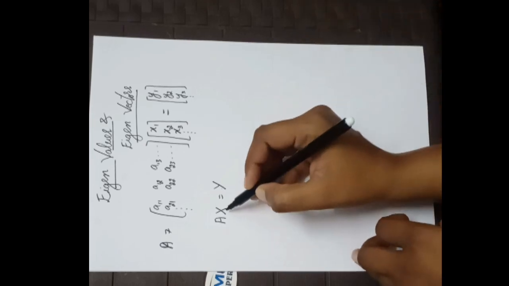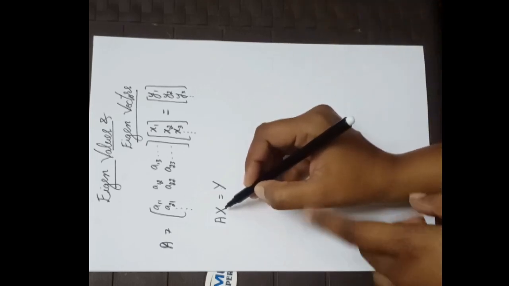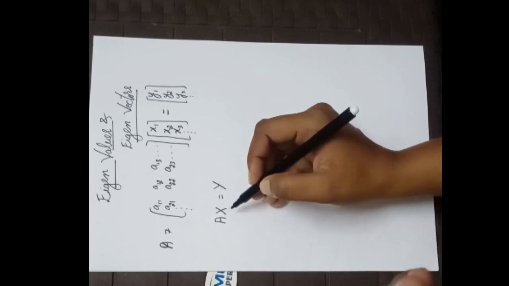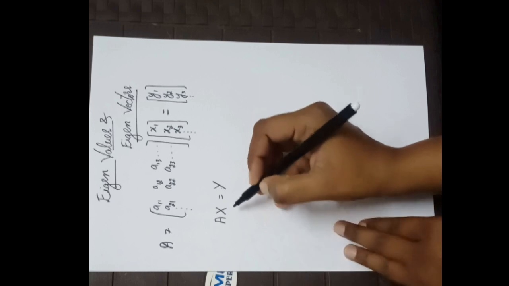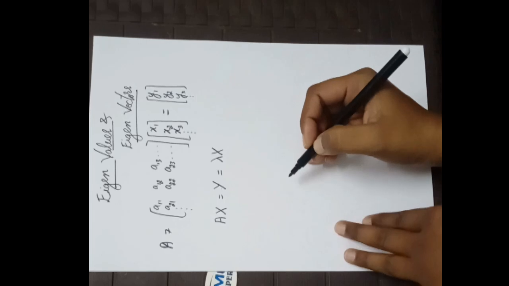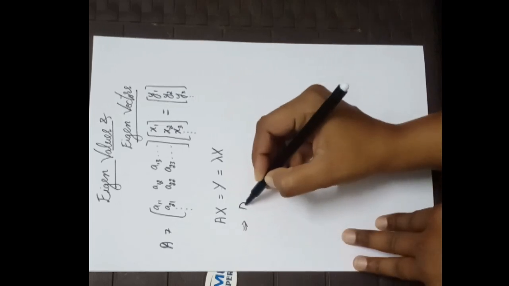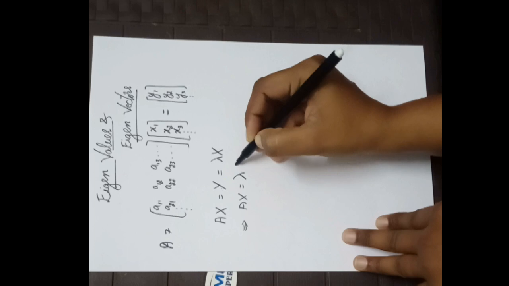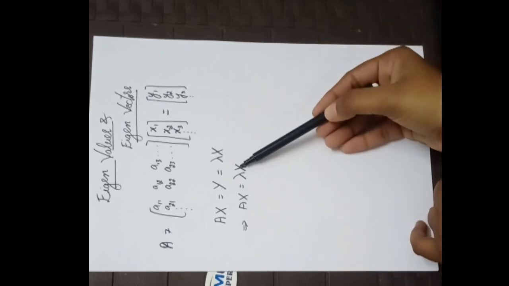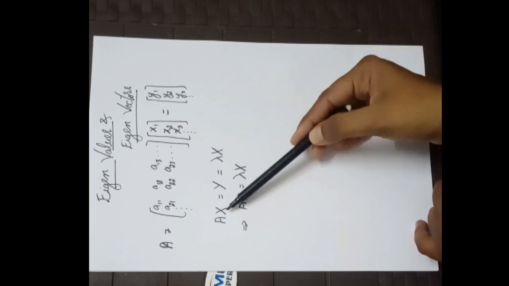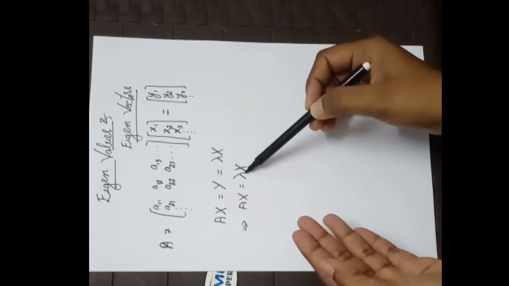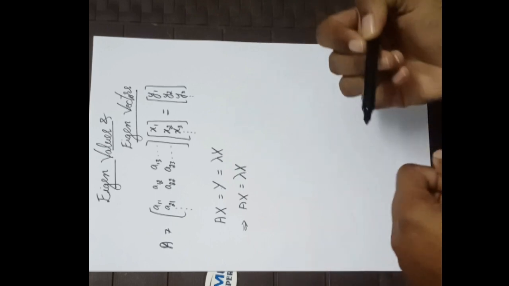Here the column matrix X, we can write as a scalar multiplication of itself, which means I can write this as lambda into X. So Ax is nothing but lambda into X. This X is a column matrix, and we can write it as a scalar multiplication of itself.